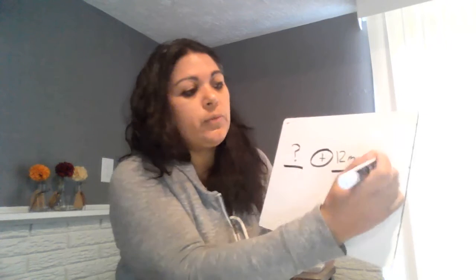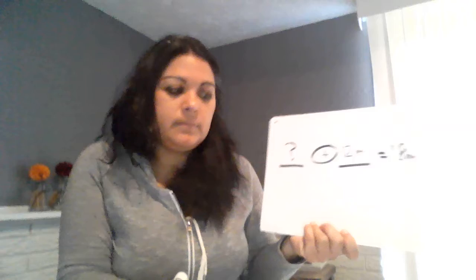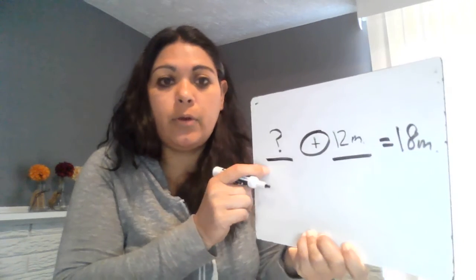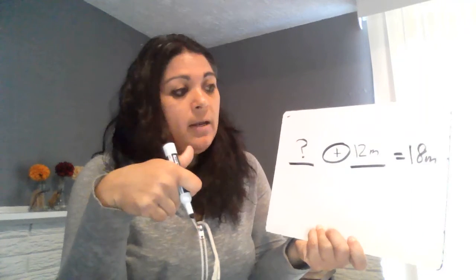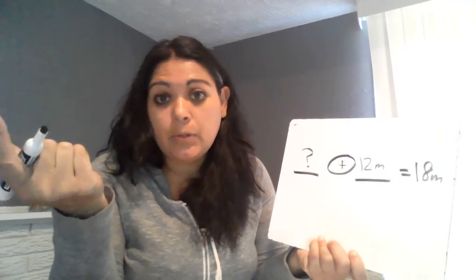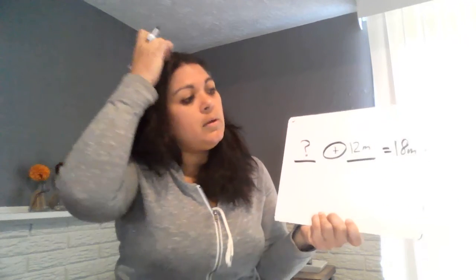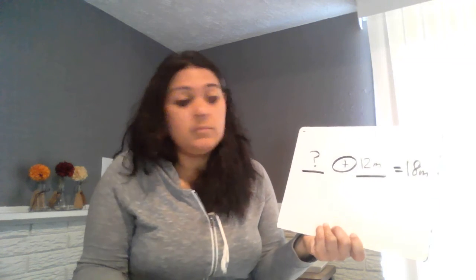Altogether, the ball was thrown 18 meters. How far did Morgan throw the ball? So now we can either use our number line again. You can count up using base 10. So let's try base 10, okay?